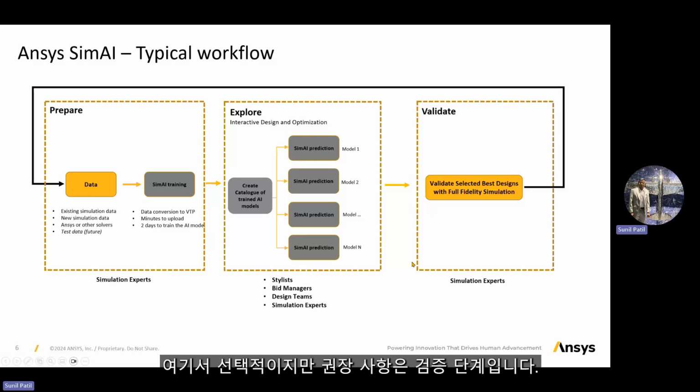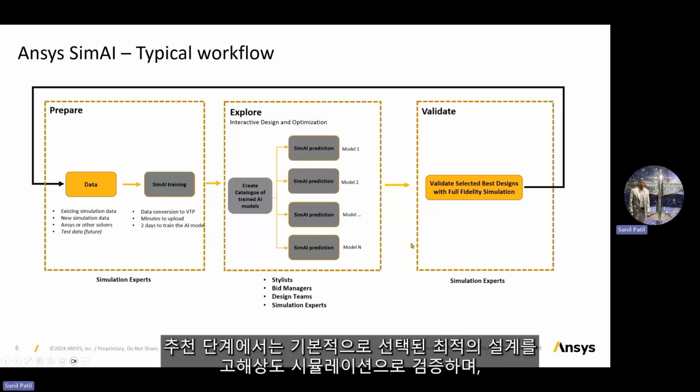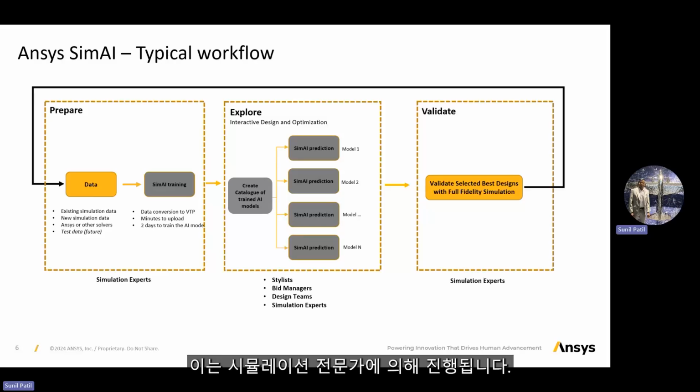And an optional phase here, or optional step here, is the validation. The recommended approach is basically validating selected best designs with the full fidelity simulation, and that is again carried out by the simulation experts.